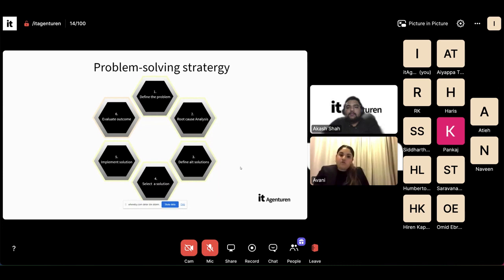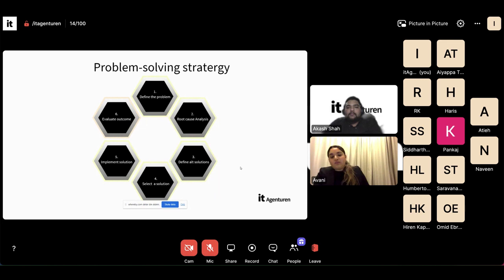Usually an incident developer might not be the one who actually implements the solution, but it could be in some cases, depending upon what type of problem it is, that a person will also be involved in developing a solution. Once you develop the solution, there is a next part, which is the final step, where you evaluate your outcome or your actions.